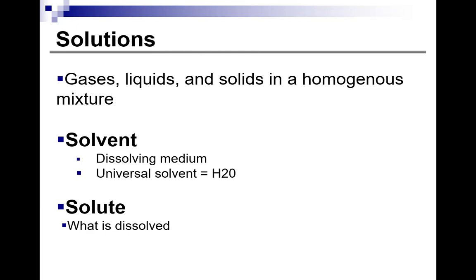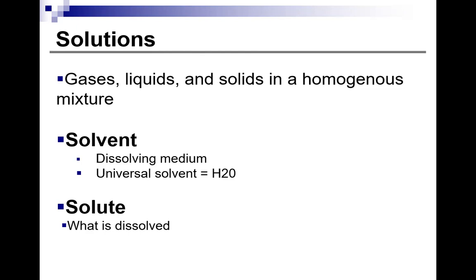But if you had salt and you put it in water, you stir it up, now you have a salt water solution. Typically when we think of solution, we think of I take something solid and I put it into something liquid. But you could take two liquids and mix them together. The liquid that's in the smaller amount is what's called the solute, or what's being dissolved.